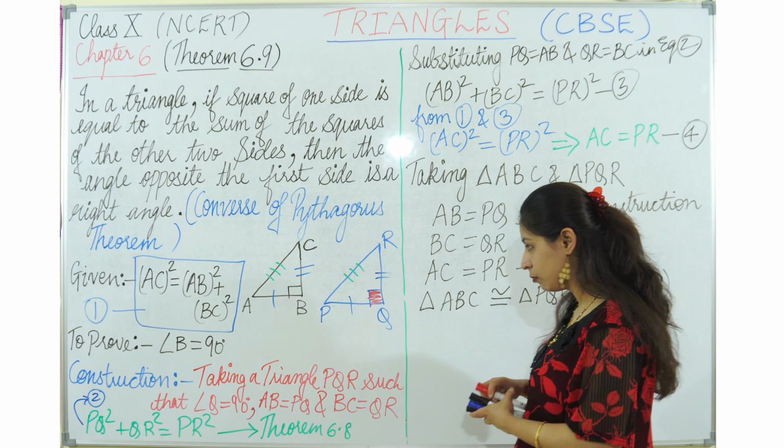So angle B will be equal to angle Q. Angle Q is equal to 90 degrees, which we have already assumed by construction. So angle B is equal to angle Q is equal to 90 degrees. And this is what we needed to prove, that angle B is equal to 90 degrees. Hence proved.